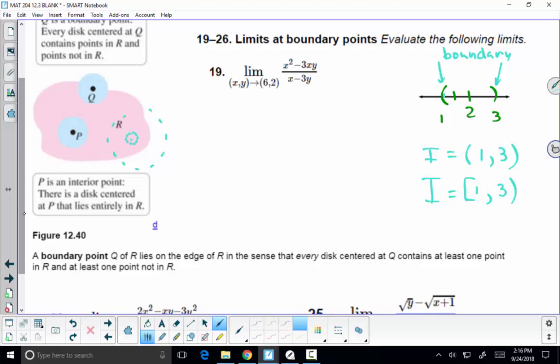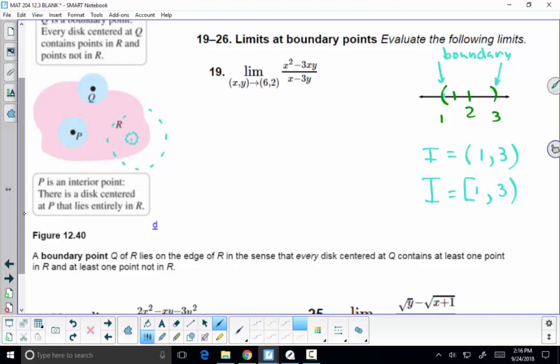It is an element of the interval. It is in the interval, but it is not an interior point. It is a boundary point. So some sets contain their boundary points, or some of their boundary points, and some don't. This interval contains neither of its boundary points. This interval contains one of its boundary points.